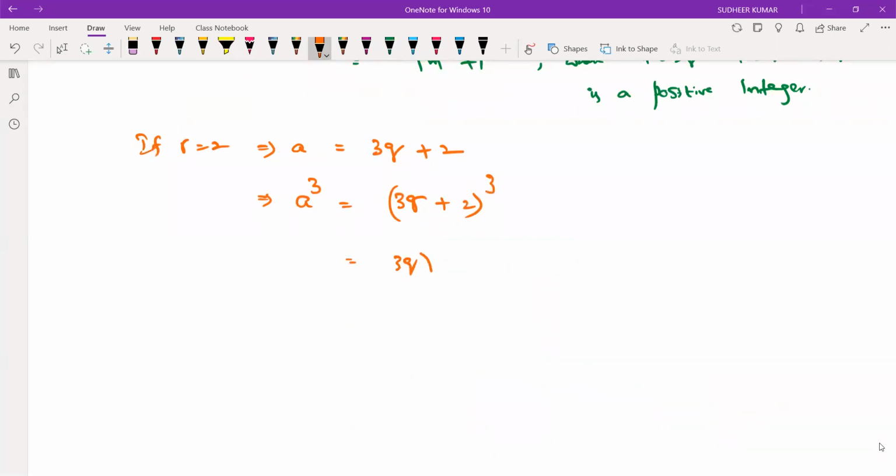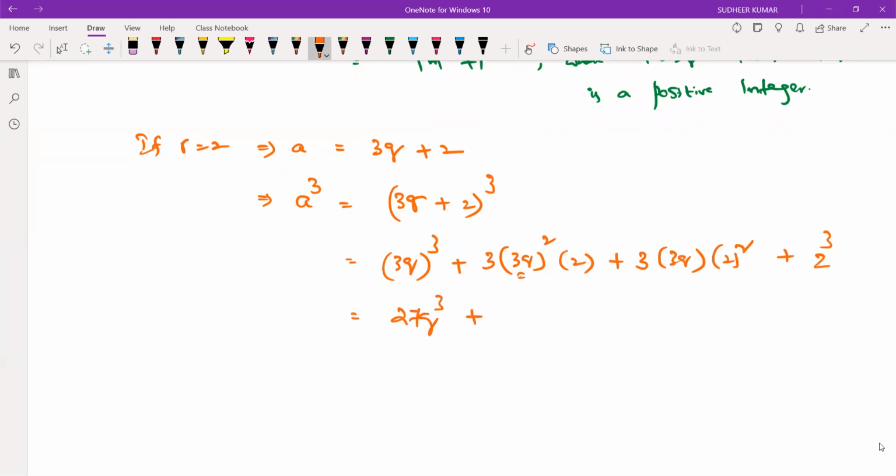3q whole cube plus 3 times 3q square into b plus 3ab square, that is 3 times 3q into 2 square, plus 2 cube. That is 27q cube plus 54q square plus 36q plus 8.